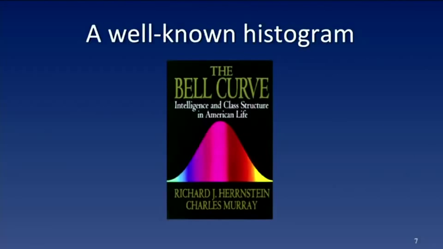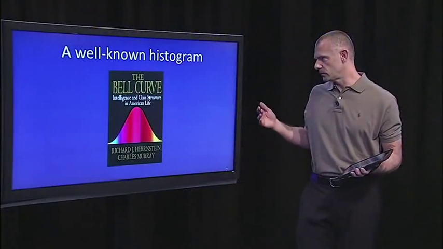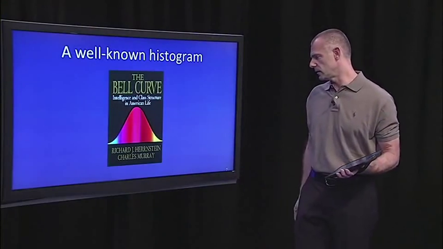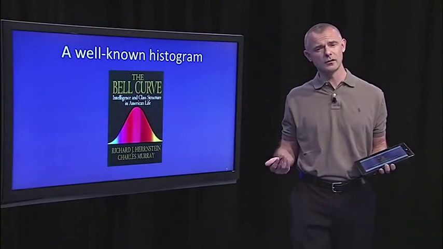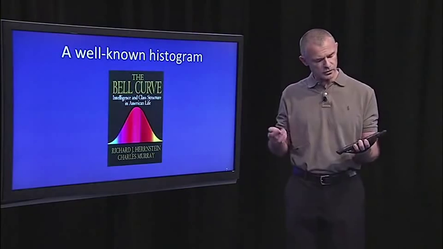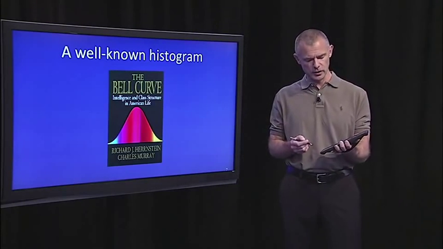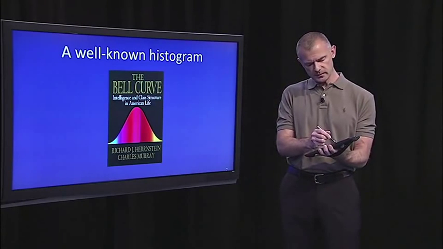Here's a better known histogram that you may be familiar with, the bell curve representing individual differences in intelligence. This was the name of the book published by Herrnstein and Murray that caused a lot of controversy in psychology and in the social sciences in general. But again, it's a histogram.